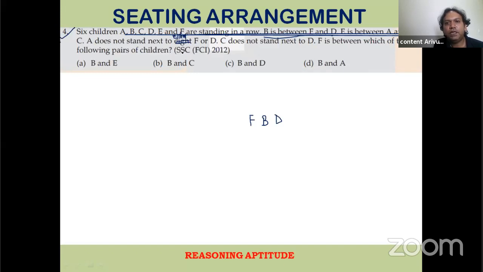So B is between F and D, and E is between A and C. A does not stand next to either F or D.